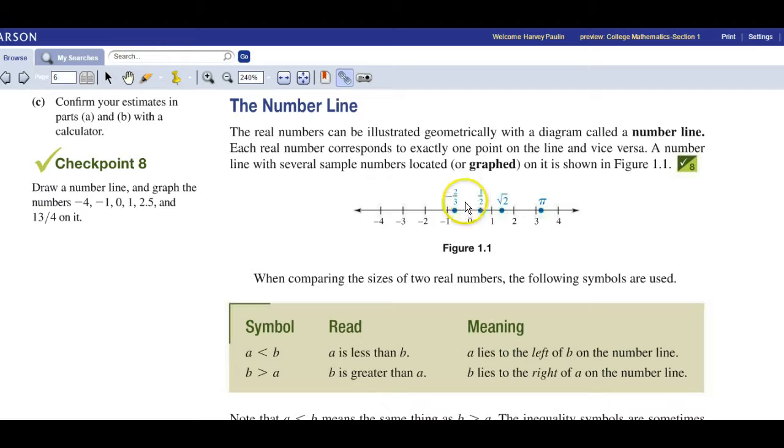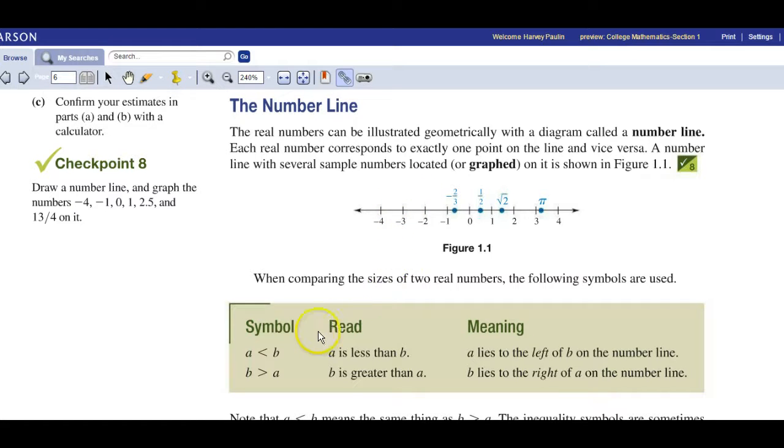But now we're introducing the fractions. But then there's a special set of numbers, like the square root of 2 and pi, and anything under the radical that's not a perfect square. These would all be irrational numbers. They're all in the number line, and they make up the real numbers.